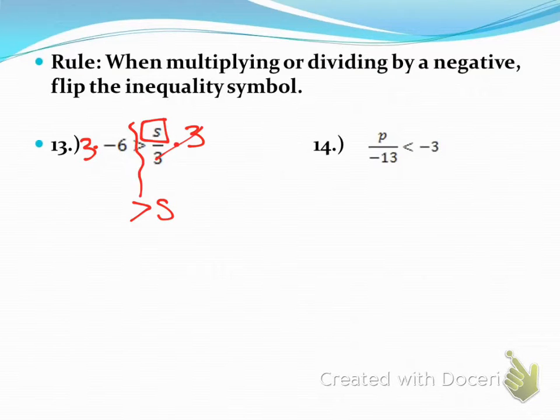What is 3 times negative 6? Negative 18. So just because there's a negative involved does not mean that I have to flip this symbol around right now. Now when I go to rewrite it to get my variable on the left, that will make it look like I'm flipping it, but I'm moving the whole problem around, not just my inequality symbol.